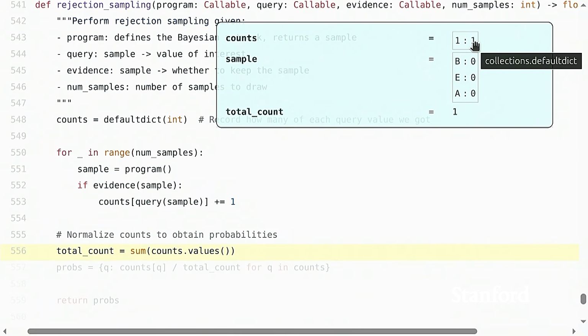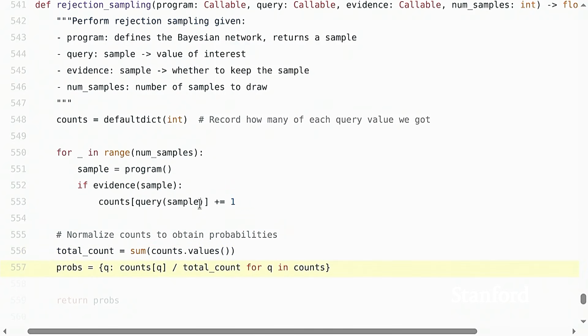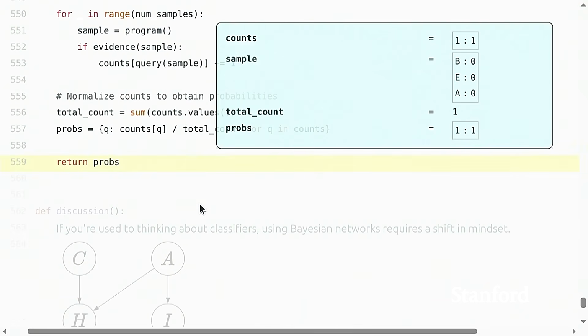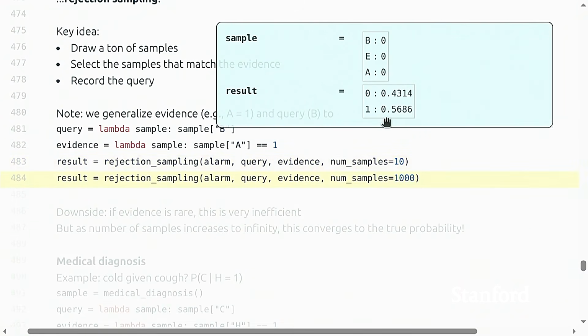Okay, and then I have a count of the number of particular query values I see, and then I normalize that to get a probability, and I return it. In that case, it wasn't very interesting because I only got one value. But if I do this 1,000 times, we'll see that this gives me an estimate of the probability of the query, the histogram of the probability of the query given the evidence.